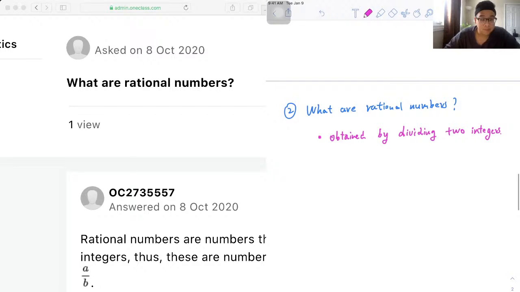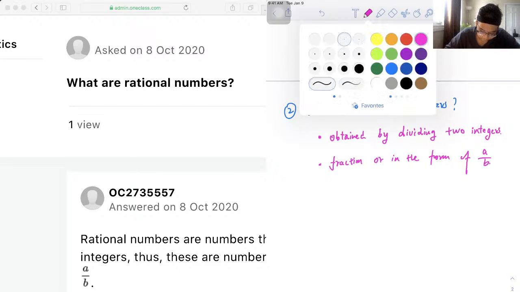Therefore, these numbers can be expressed as a fraction, or in the form of a over b. Right. So an example of a rational number is 0.5.